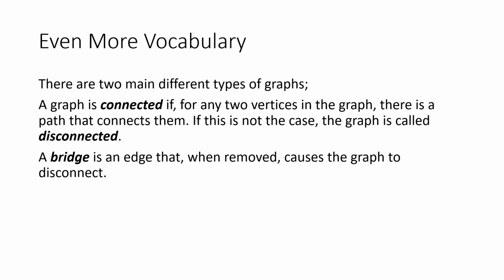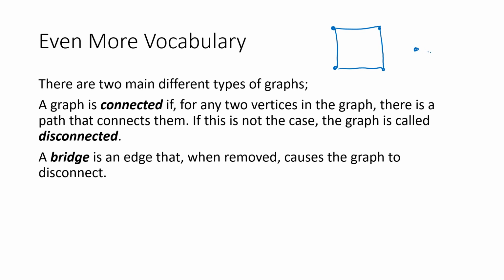Now, if there's any vertex on your graph where you can't get to another vertex, so for example, if I was at A and it was impossible for me to make a path to get to F, then we consider that disconnected. There is a weird thing with that too. So let me show you an example. Here's a graph that is connected. Okay?